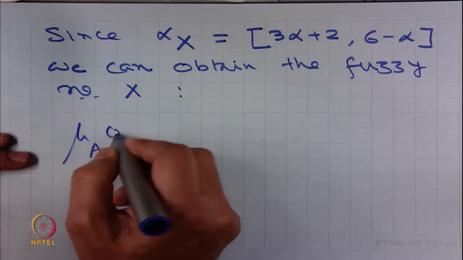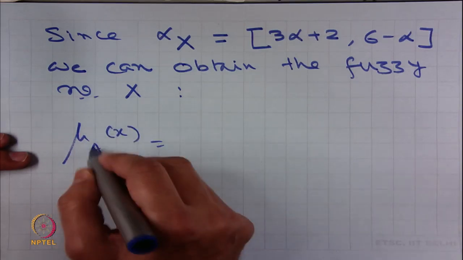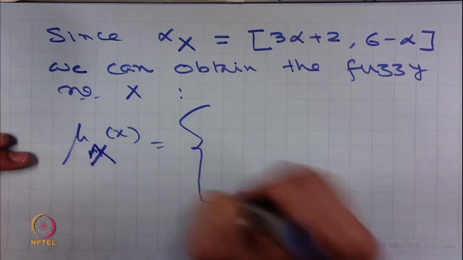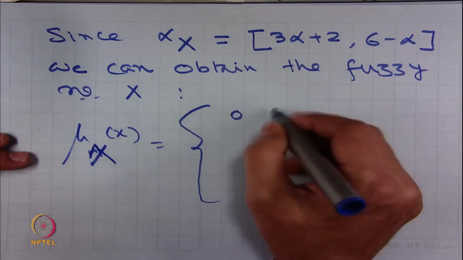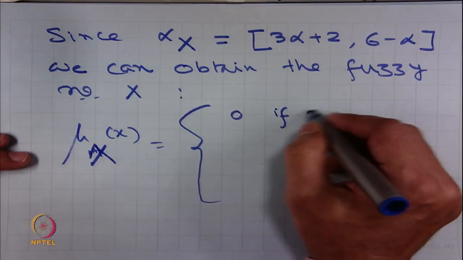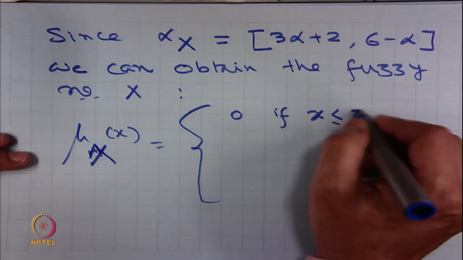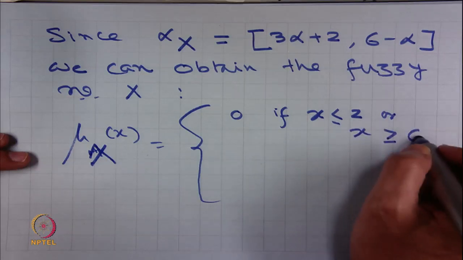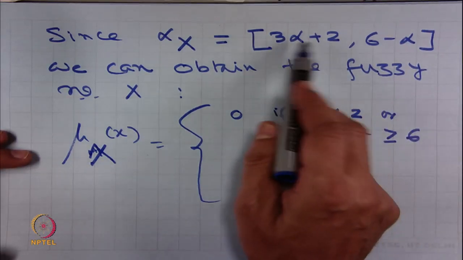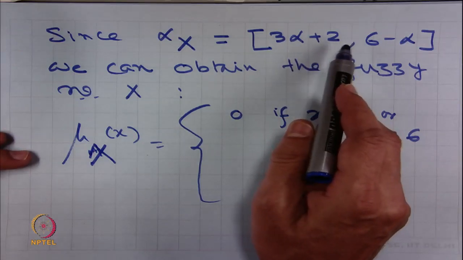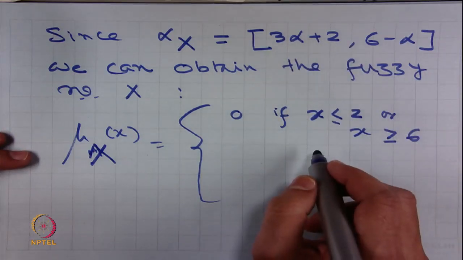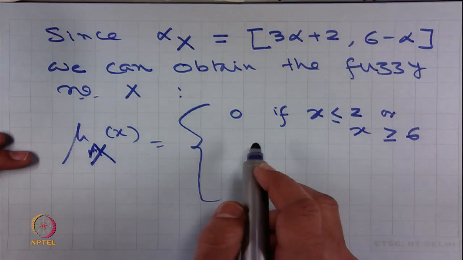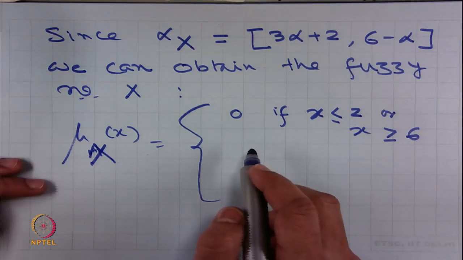mu x of x is equal to 0 if x less than equal to 2 or x greater than equal to 6. Because putting alpha is equal to 0, we get that the support is 2 to 6, and putting alpha is equal to 1, we can see that the mode is equal to 5.